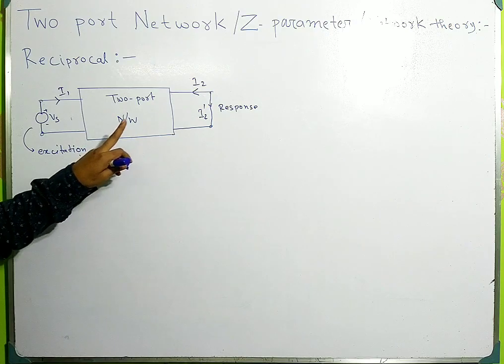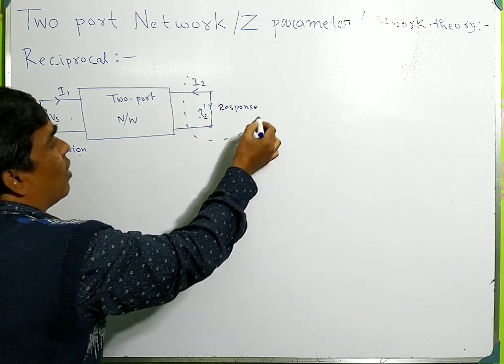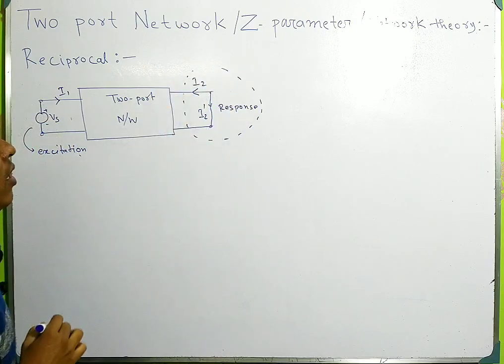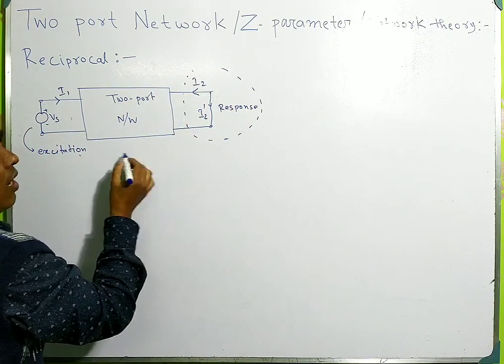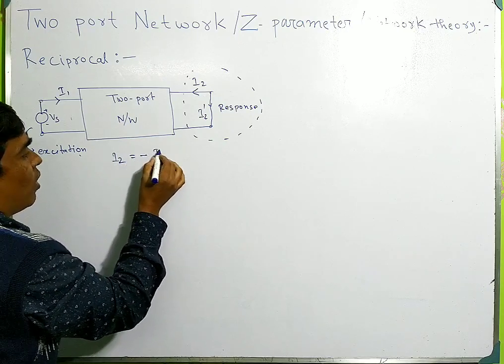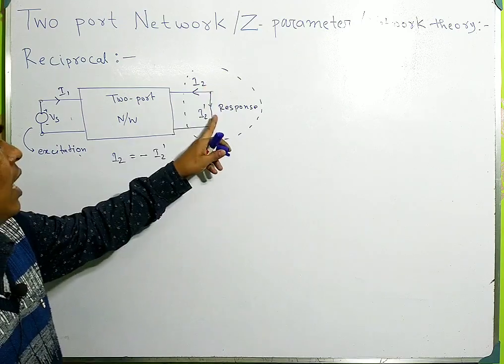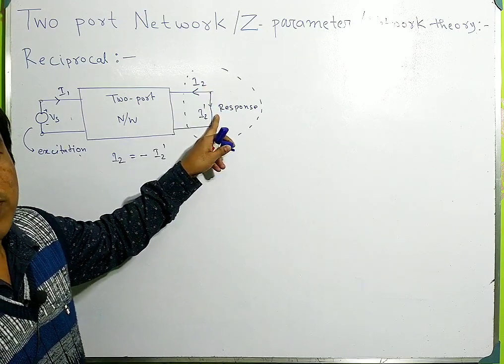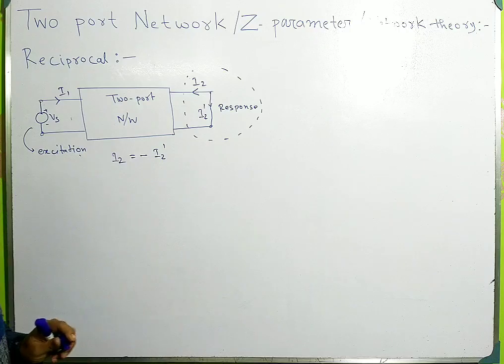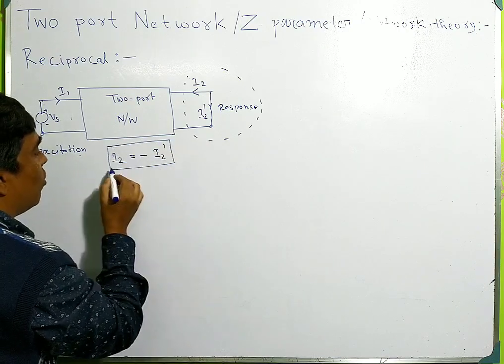From this response terminal we say that I2 must be equal to I2 dash, because this current and this current are opposite in direction, so they must be equal with opposite sign.